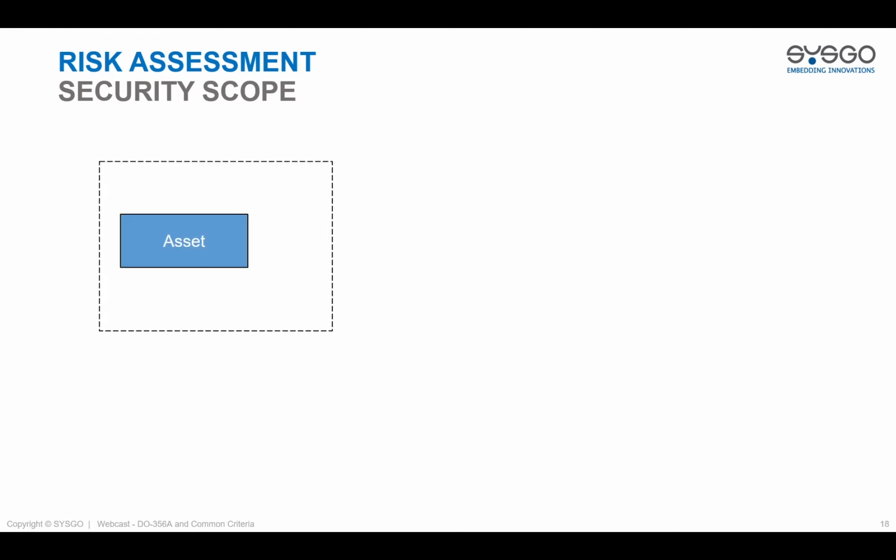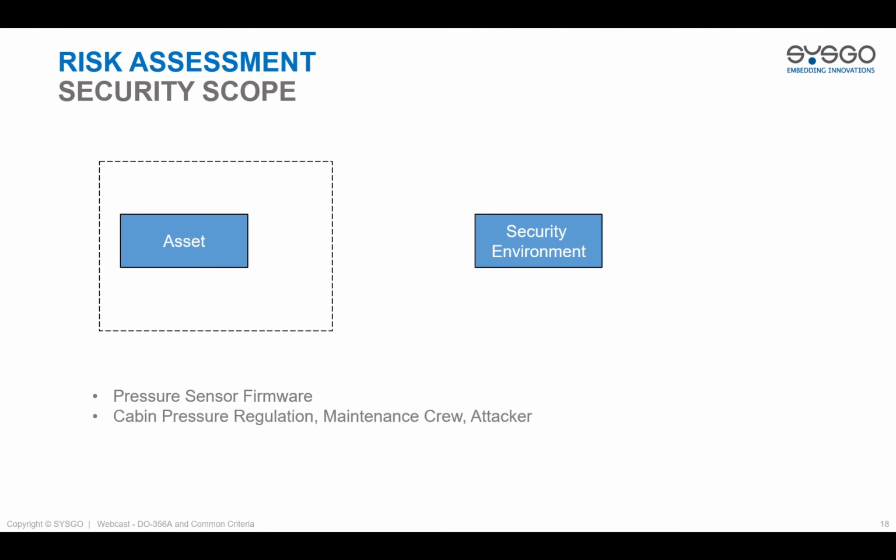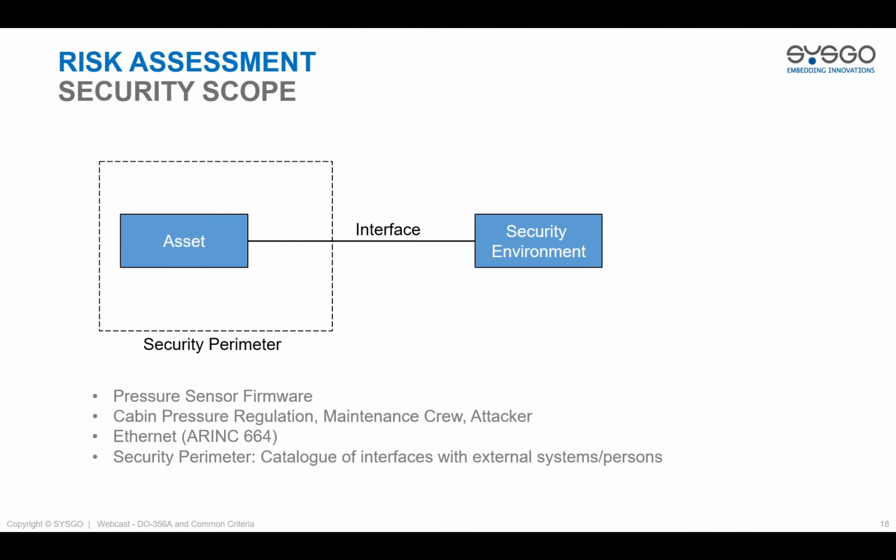So here's the asset. We are following an example of the standard, which talks about the firmware of a pressure sensor. It is connected to the security environment by means of an interface such as ARINC 664 or CAN interface. The security perimeter is the catalog of interfaces with external systems or persons.